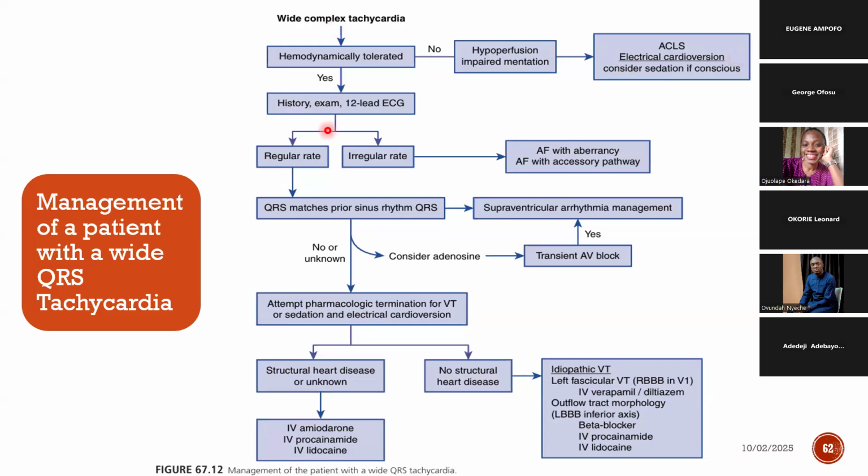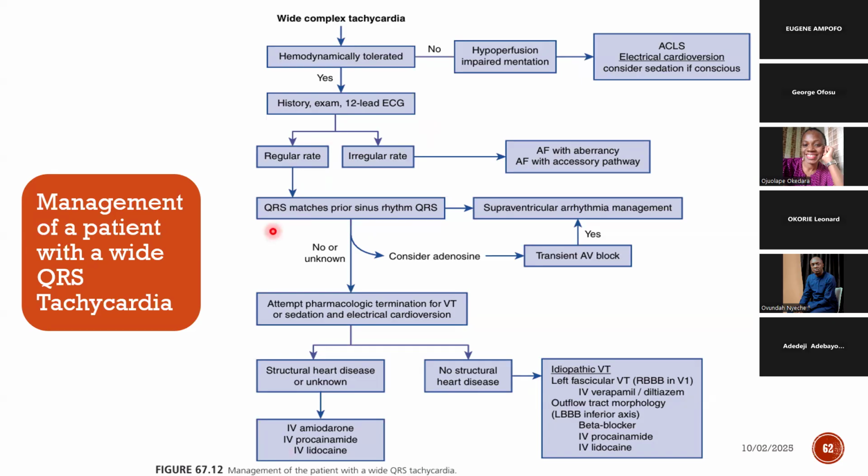And the next is a patient who is hemodynamically stable. With this patient, we can take a quick history and do a quick examination. A 12-lead ECG is very important to determine the regularity of the rate. If the rate is regular, then we follow this channel.